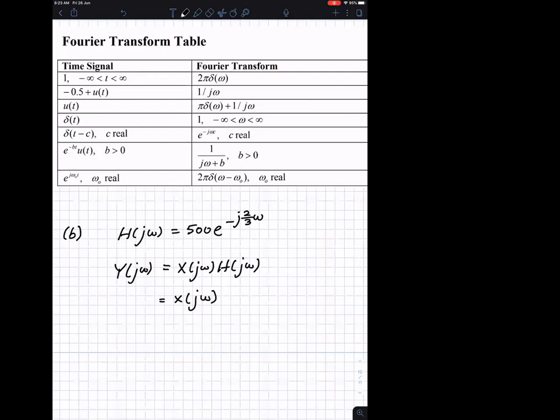We are not going to be writing this here because it's too much to write. So I'm just going to write this part here: e to the minus j 2/3 omega.